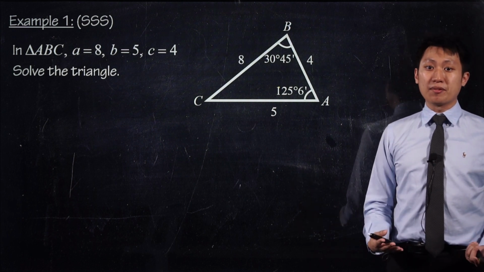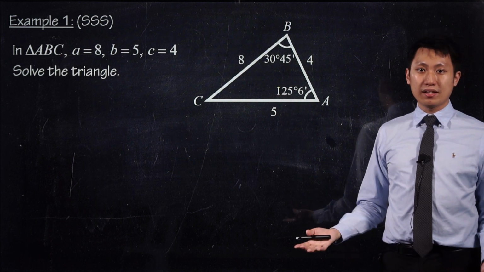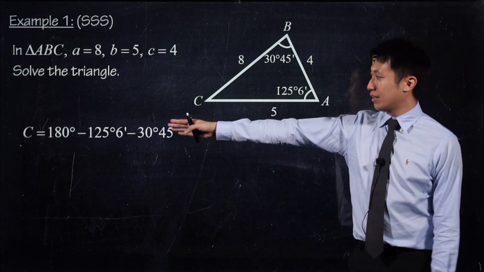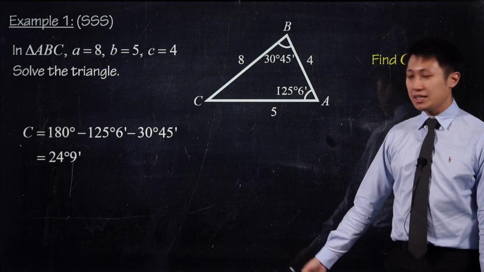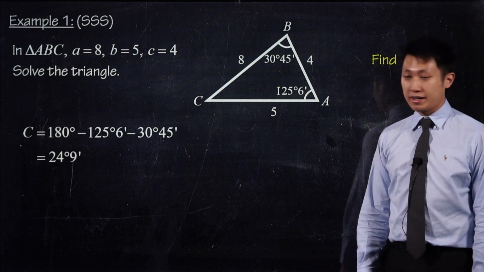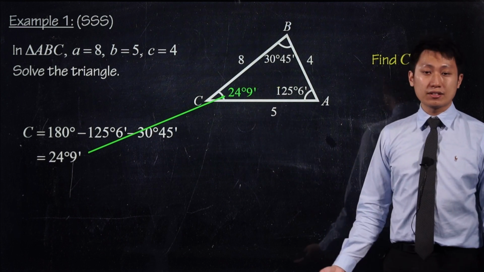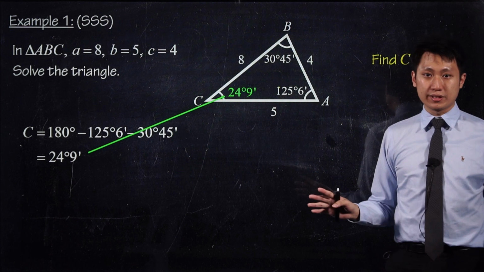The sum of the angles in a triangle must be 180. So C is this minus this minus this, easily 24 degrees 9 minutes. And that's your answer. You are done solving the triangle because you have found all the information.